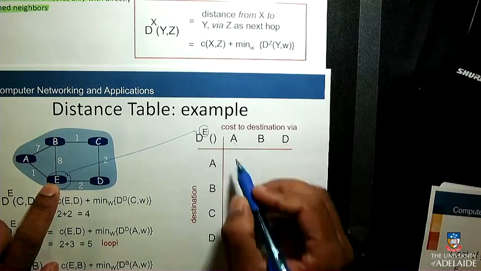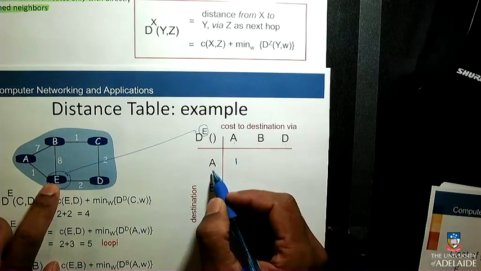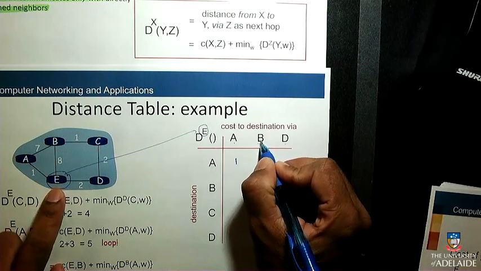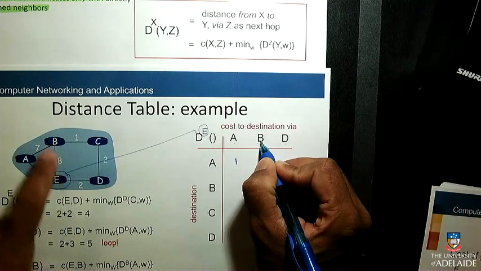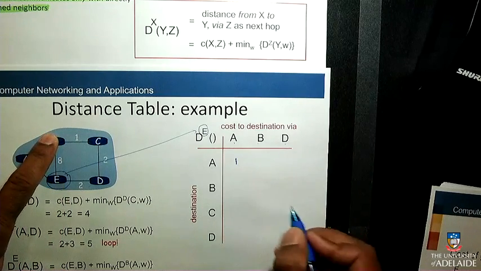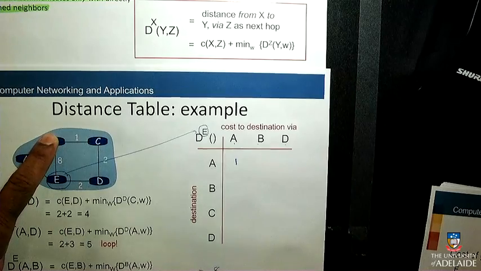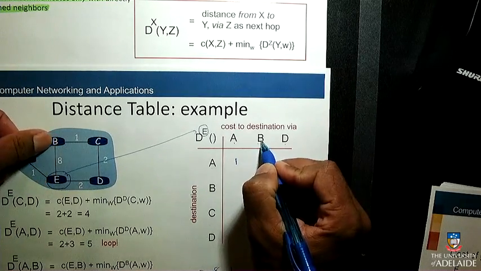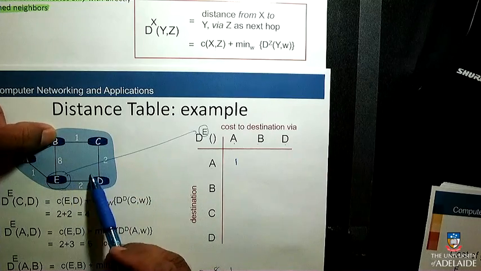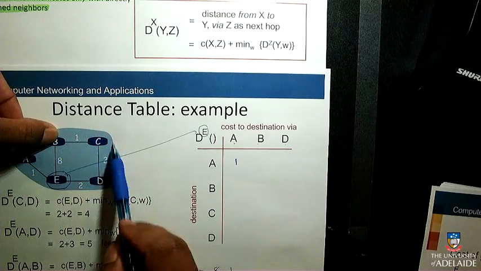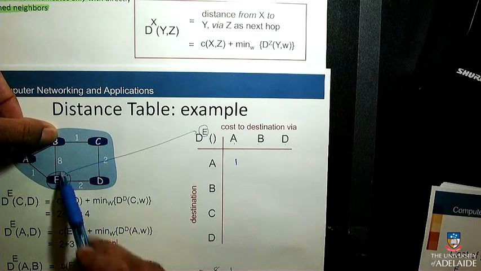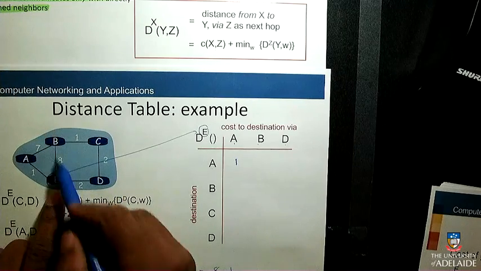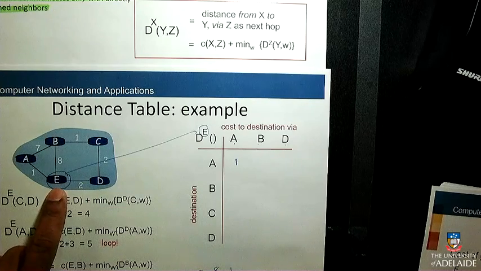Then I want to go to A, and I'm going to ask B, what's its lowest cost of getting to A? The cost of getting to B is going to be 8. And what's B's lowest cost of getting to A? It's going to be 7, 4, 5, 8. So it should be 7. Can you see a lower cost? 6.